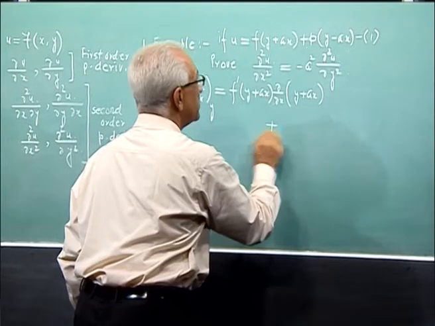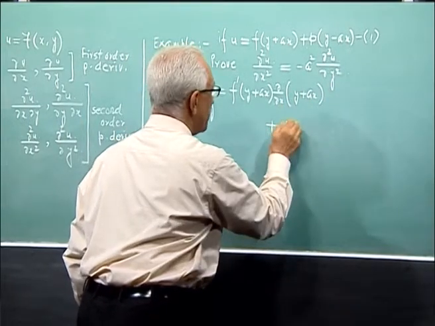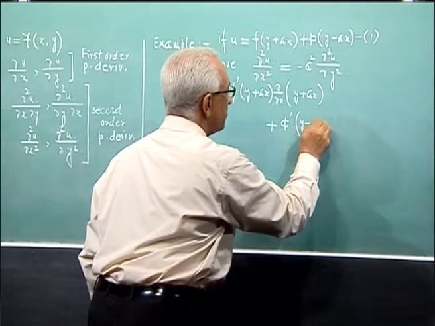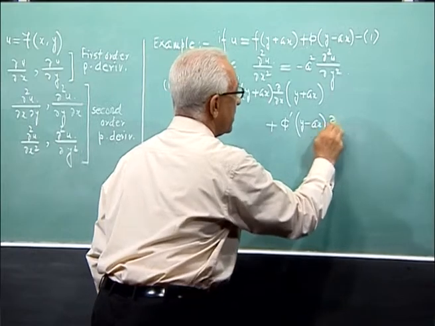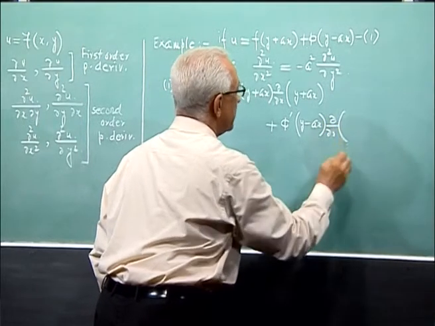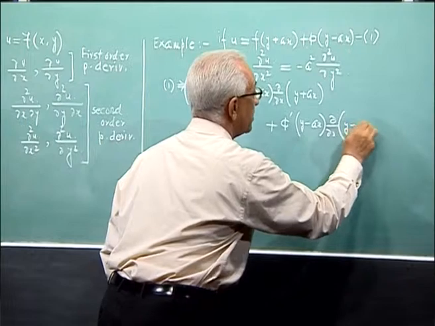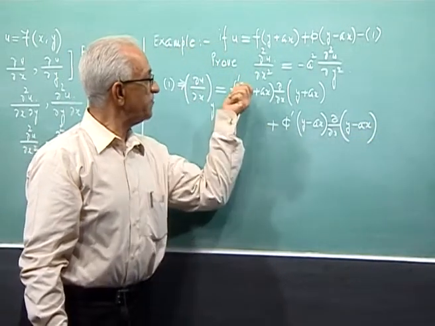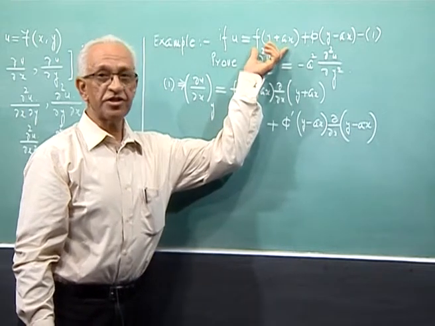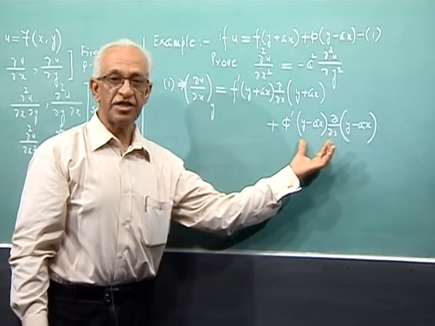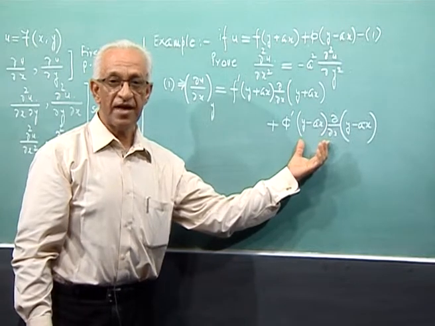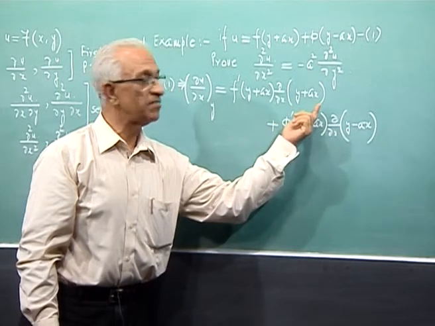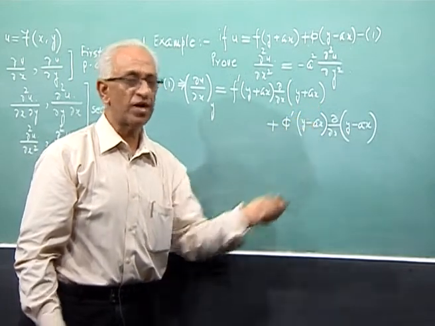The second term we will have as phi dash, the prime, of y minus ax, and I will be differentiating with respect to x. This will be y minus ax. I hope you have got it. F dash means the whole function is differentiated. Phi dash indicates the whole function phi is differentiated, and now we will be differentiating y minus ax and y plus ax, which we did even in lectures 1 and 2.